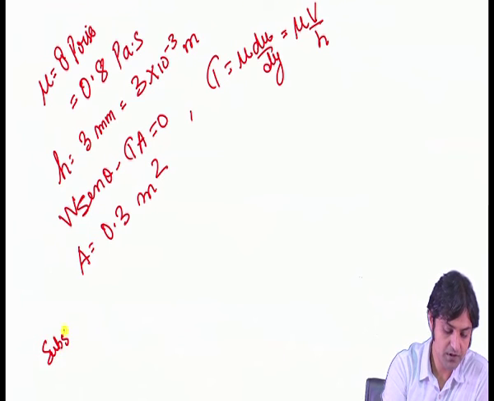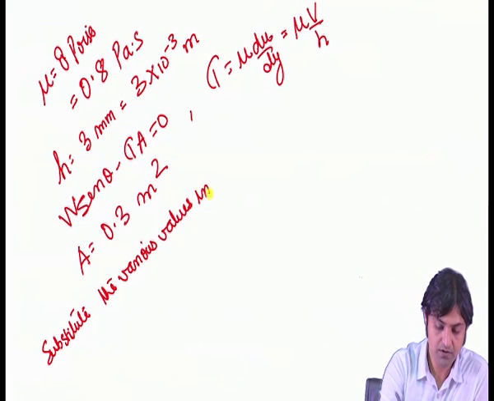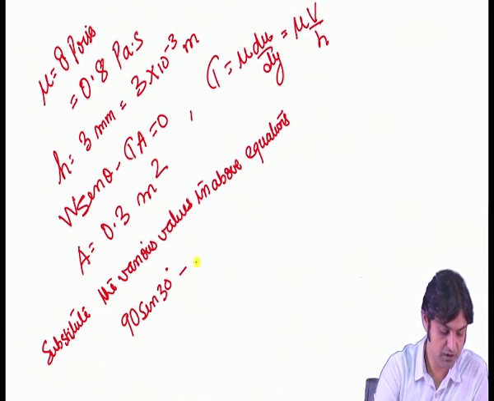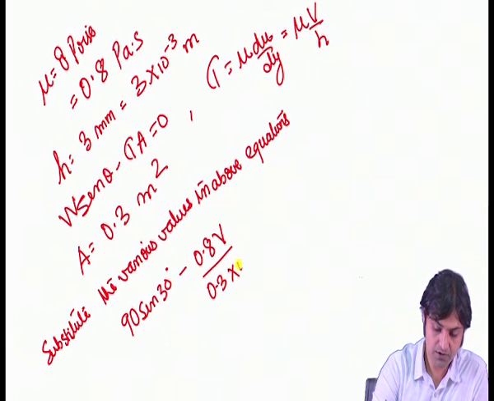Now if we substitute the various values in the above equations, W is 90 Newton, it is given, sin 30 minus shear stress, which is mu, that is 0.8, V divided by h, which is 0.3 into 10 to the power minus 3, multiplied by area, that is 0.3, is equal to 0.